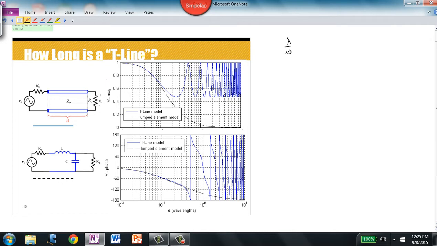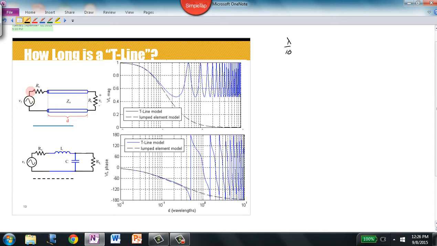So in these figures, what I've done is I've plotted the magnitude and the phase of the load voltage for two conditions. One is when we connect a voltage source with an internal impedance to a load, and we model the interconnect using lumped element, and that is plotted in black in both these plots, this dashed black line.